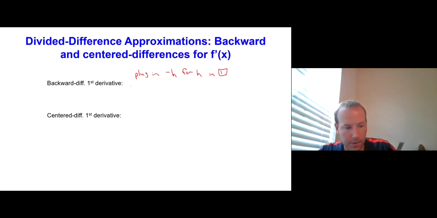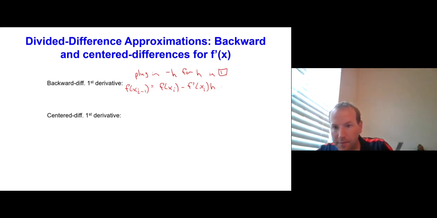Okay, and so if we do that, first the Taylor series for this would be f of xi minus 1, because a negative step now, equals f of xi minus f prime of xi h. Notice this is a negative because this was when we replaced h with negative h.